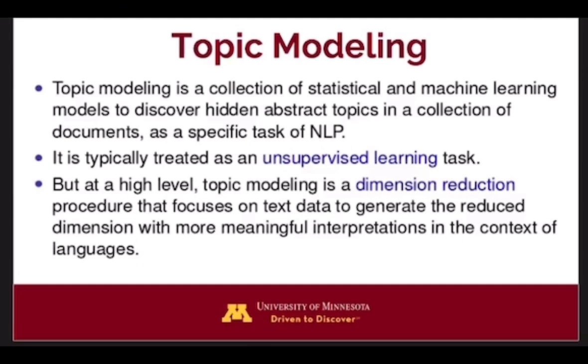And that's why I said, at a high level, topic modeling is a dimension reduction procedure that focuses on text data to generate reduced dimension with more meaningful interpretation in the context of languages. Look at that, reduced dimension, which means initially it is high dimensional data.